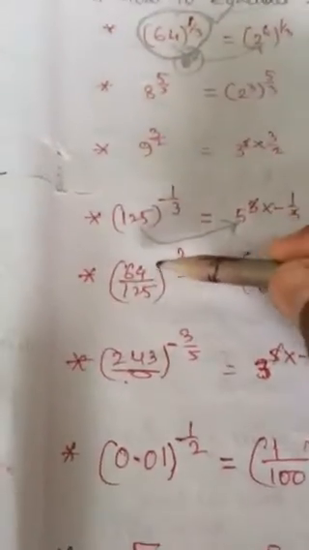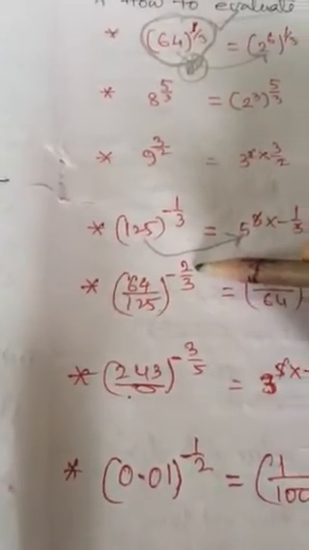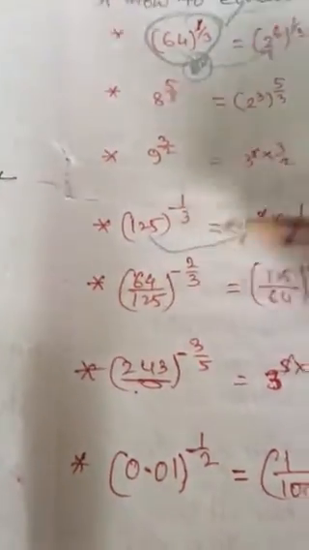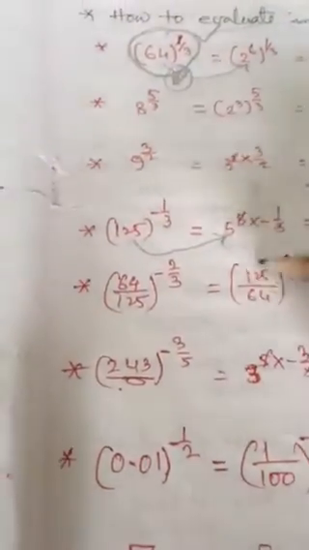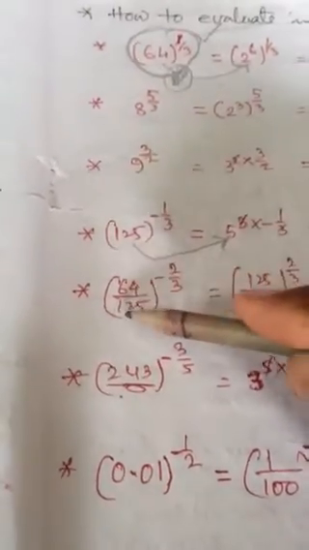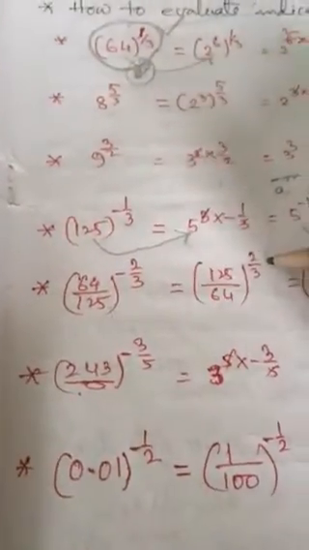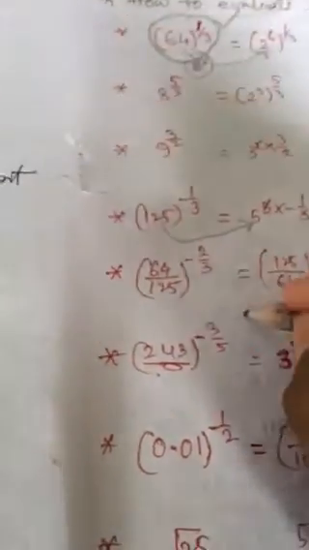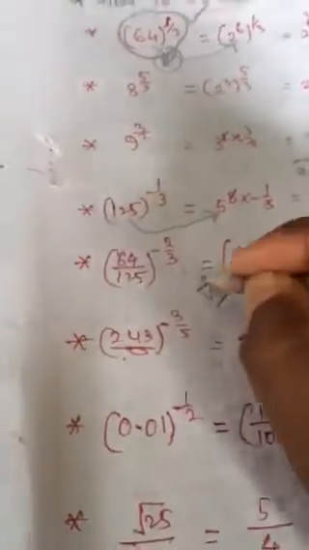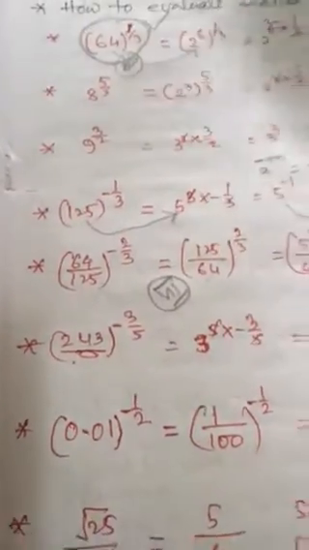In law number 7 I have taught you that if any fraction has the negative power, you just have to write the reciprocal. 64 by 125 is written as 125 by 64, reciprocal, and the power becomes positive. Law number 7. If you compare this solution with law number 7, then you will understand.